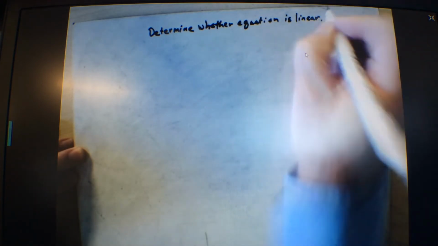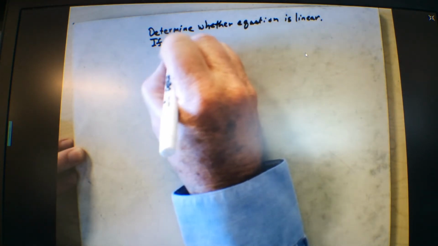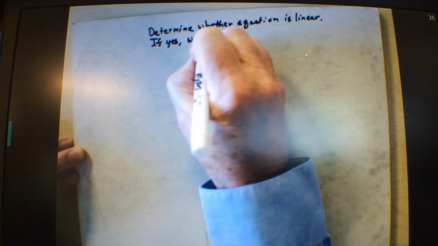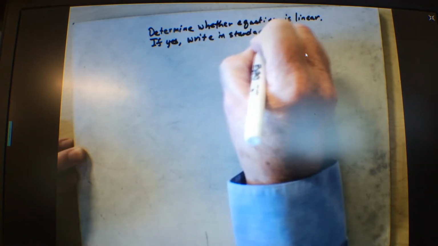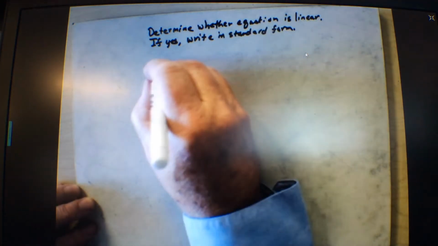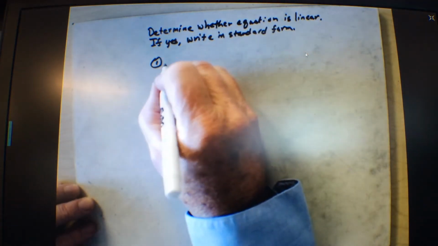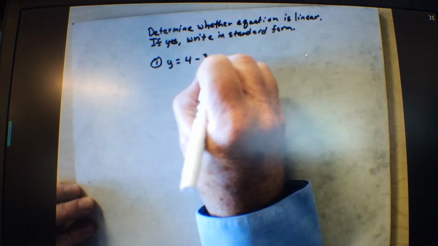It's a yes or no question. And then, if yes, write it in standard form. I'll let you write that, and then I'll give you an example.